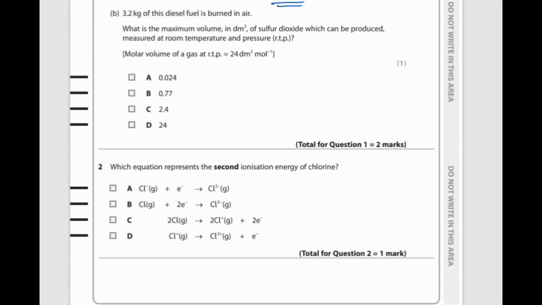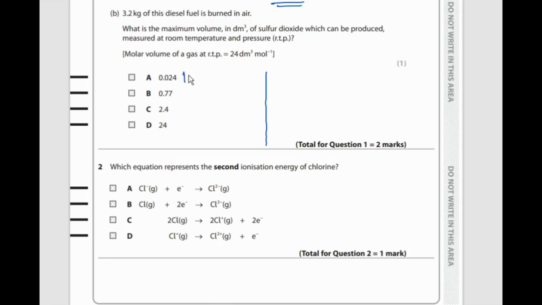Question B. 3.3 kilograms of diesel fuel is burnt. What is the maximum volume in dm cubed of sulfur dioxide which can be produced, measured at room temperature and pressure? Now, first things first, let's find out the amount of sulfur in 3.2 kilograms of diesel.